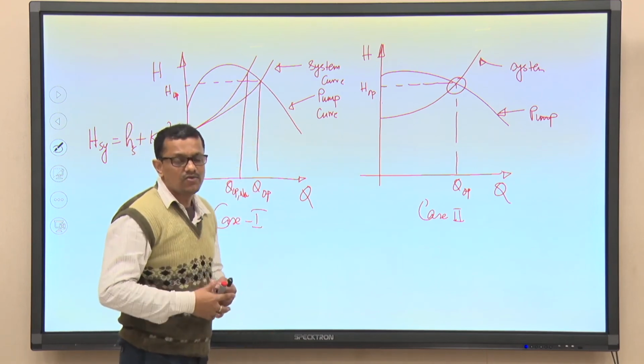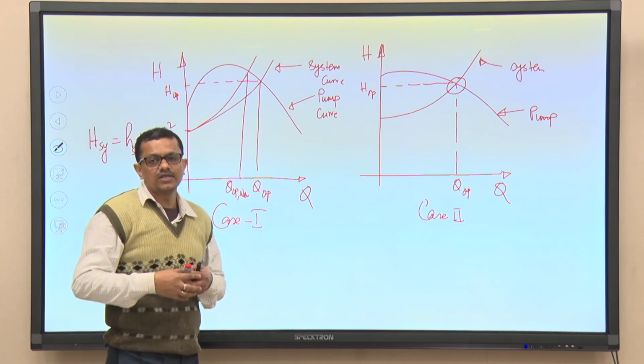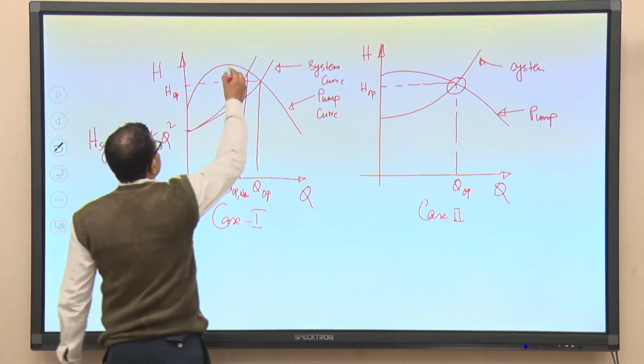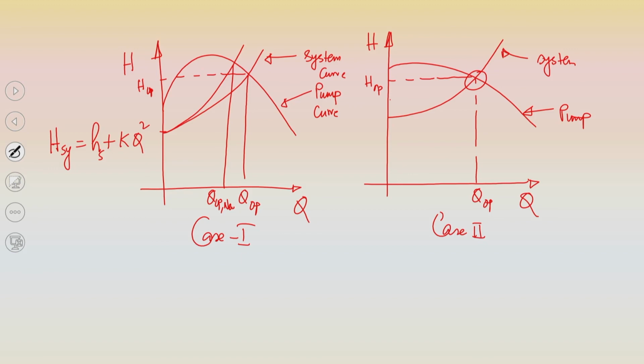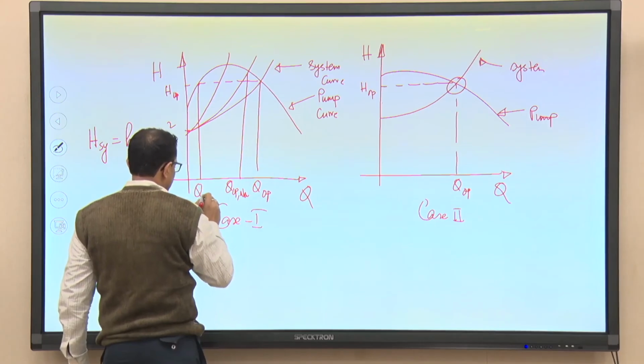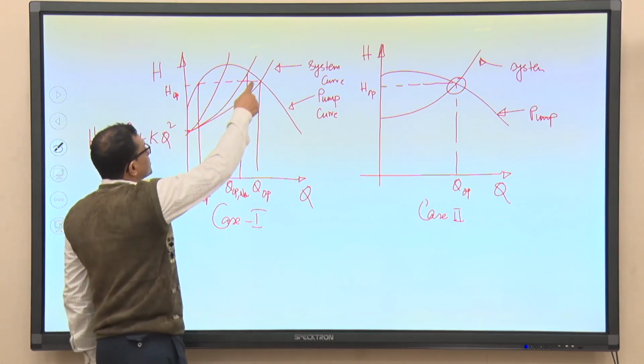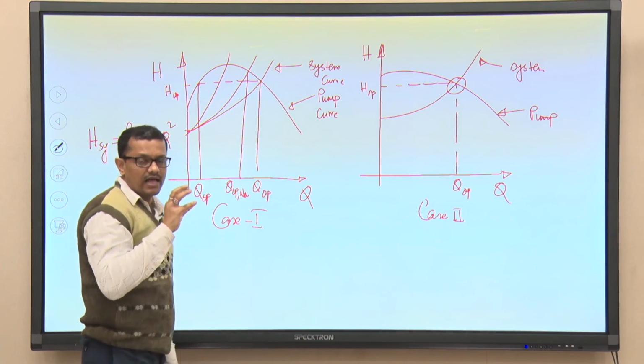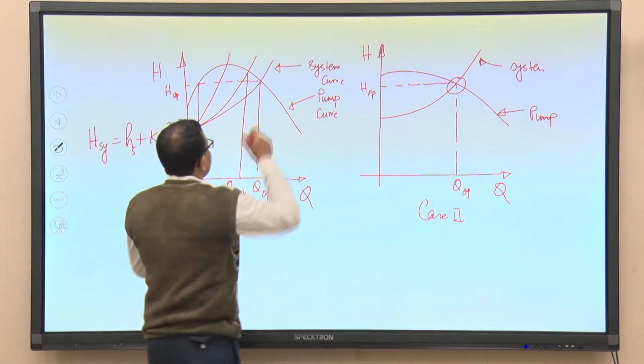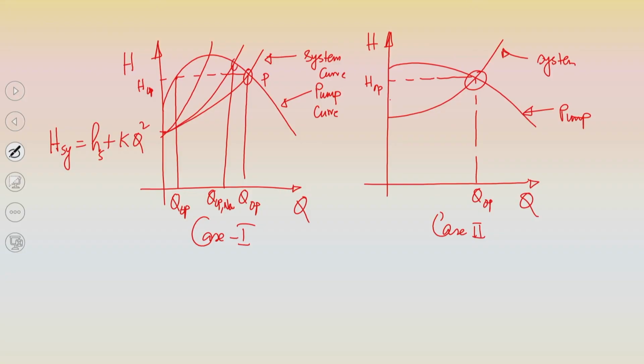If the operator further closes the delivery line, and the operating point comes here, then because of the nature of this particular curve, the operating point will come quickly to this point, because this is the lowest discharge. So, if the operator closes the valve slightly, the operating point is coming from P to P1.